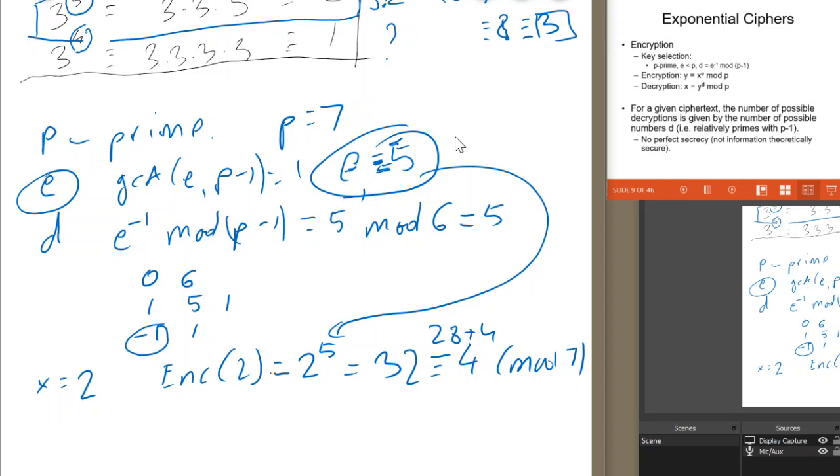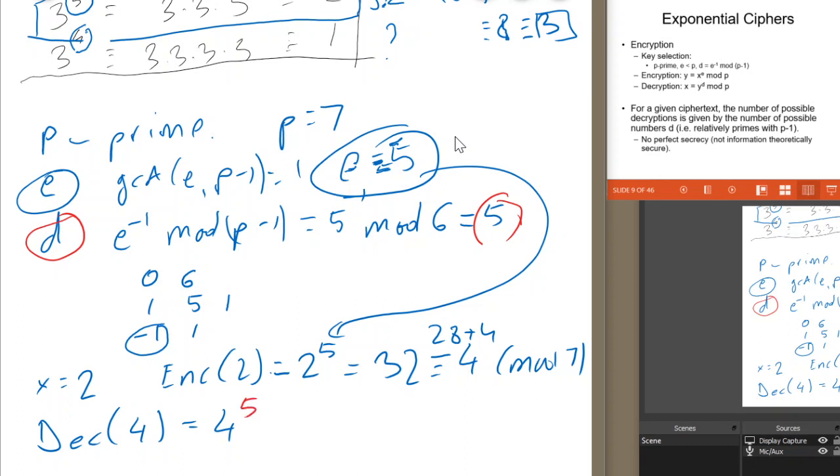To decrypt this message, the recipient of the message would decrypt 4 by raising it at power d, which is 5.